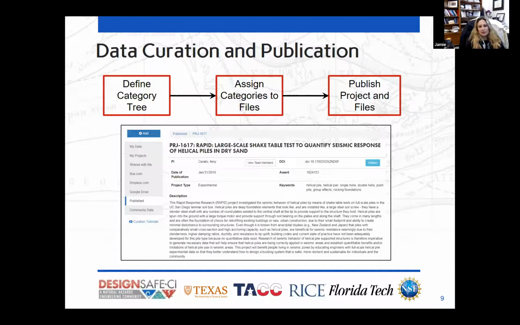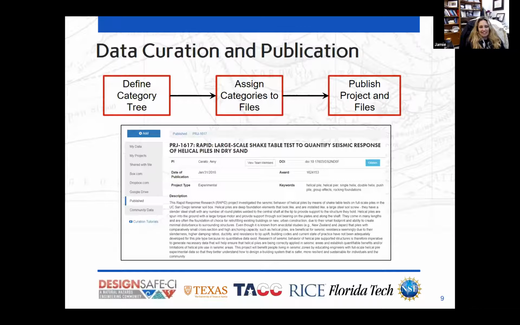You do not have to publish all of the files that are within your project or that reside in your data depot. Only those that you select and tag as a part of your curated tree will be shared with your project. And of course, alongside that, you'll be providing other information on the project with respect to descriptions, potential funding information like award numbers, keywords, and so forth.